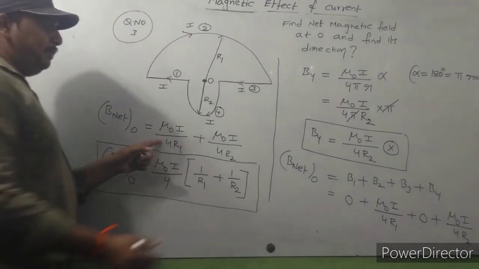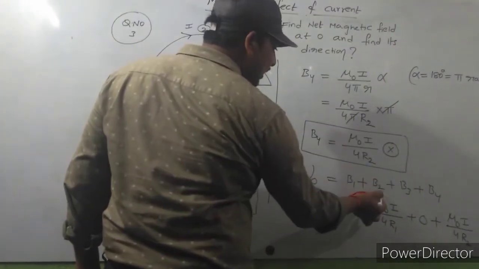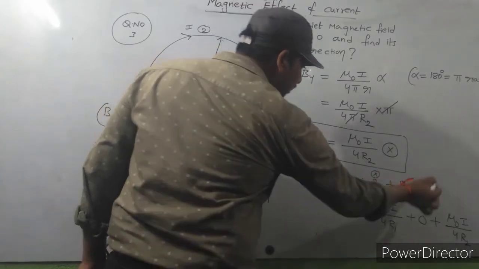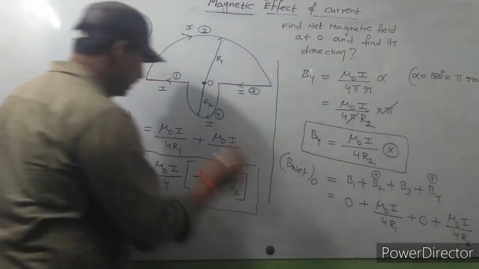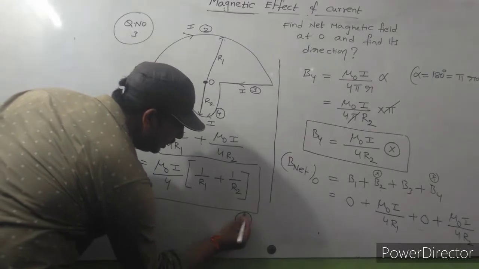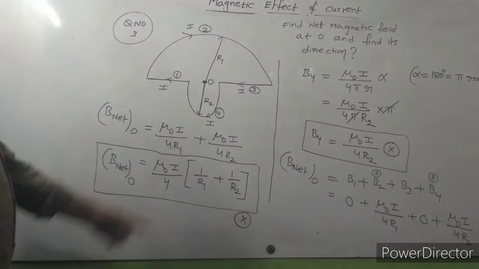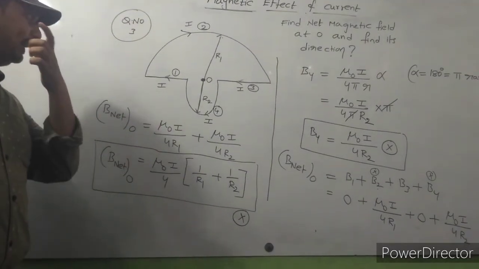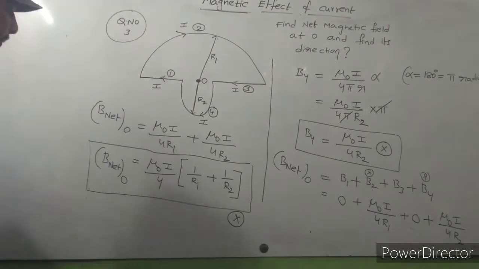Here B2 is into the plane, and B4 is also into the plane. That means the net magnetic field is also into the plane. The direction of net magnetic field is into the plane of paper.